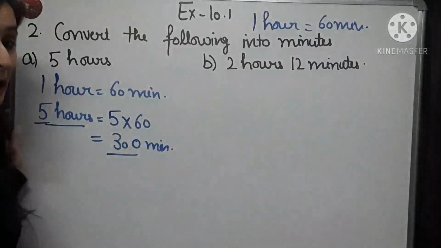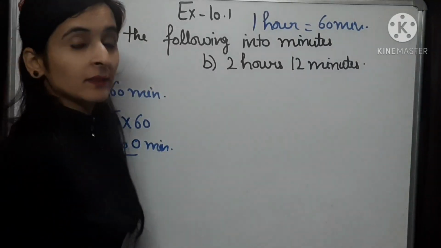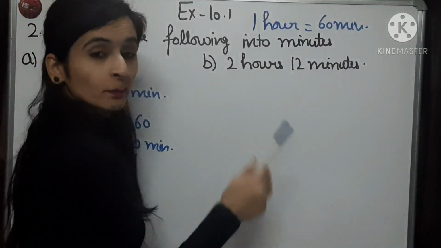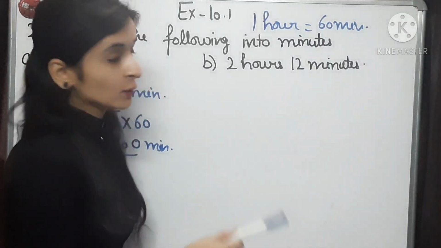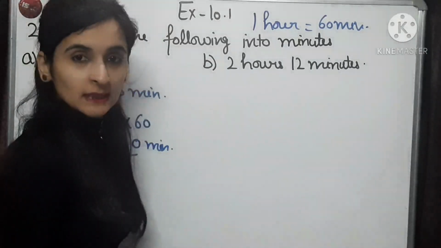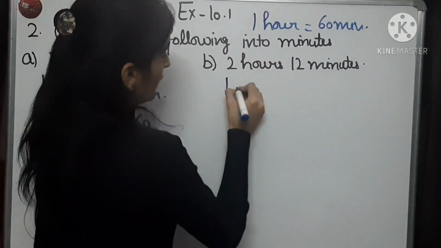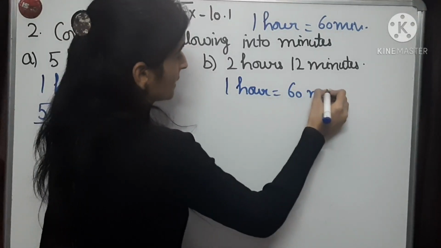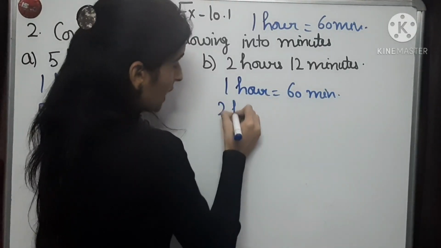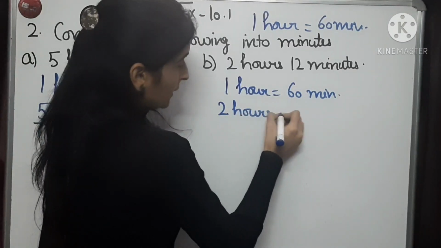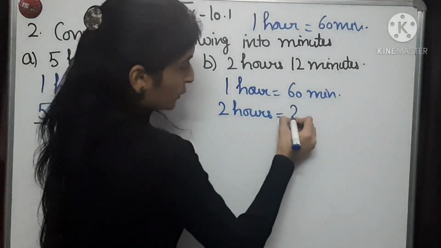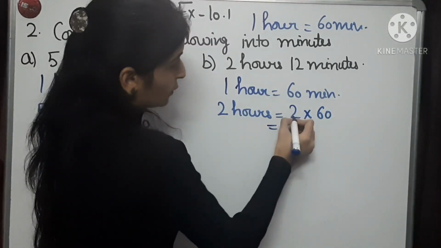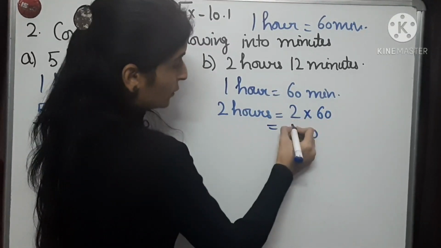Okay. Then we have B part. Here we have given in hours and minutes. So first of all, we will convert these hours to minutes, and then we will add those minutes to 12 minutes, right? So if 1 hour is equal to 60 minutes, then 2 hours will be equal to number of hours multiplied by 60. So 2 zeros are 0 and 2 6s are 12.